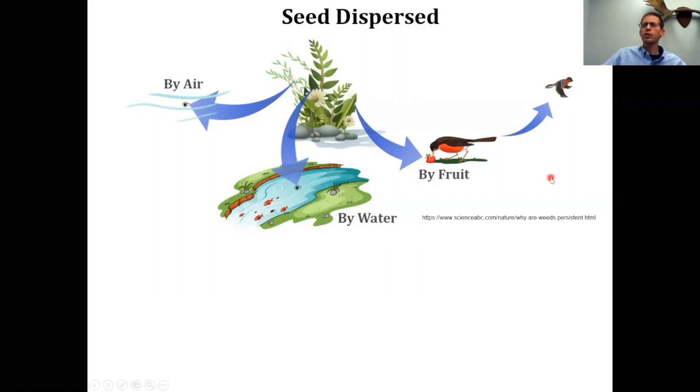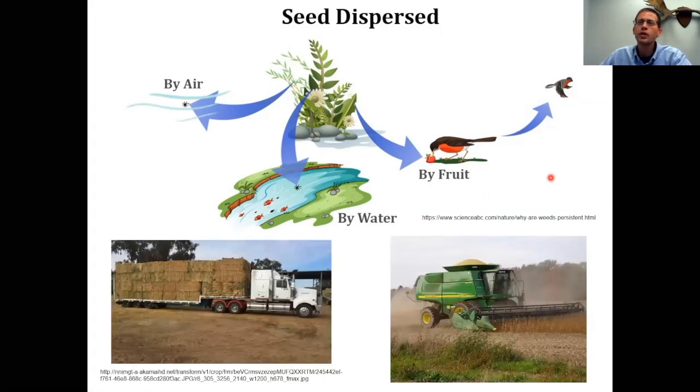But we also have to remember we live in a global economy. So weed seeds may simply be blown off the back of a truck. You can also transport herbicide-resistant weed seeds by harvesting an infested field and then moving your combine to another field without cleaning it.